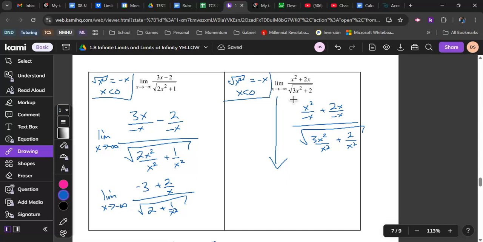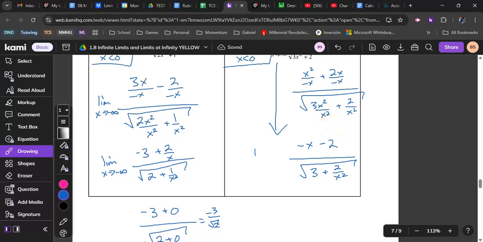This is going to simplify to negative x minus 2 over the square root of 3 plus 2 over x squared. Then I'm going to plug in my limit, because this is the limit as x approaches negative infinity. If I do that, I'm going to get infinity minus 2 over the square root of 3 plus 0.